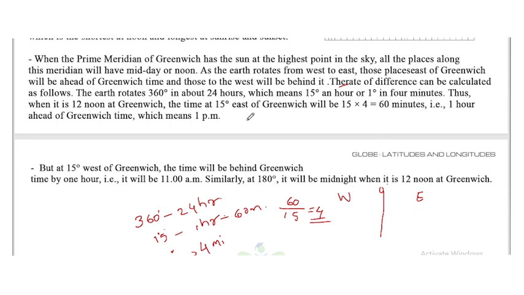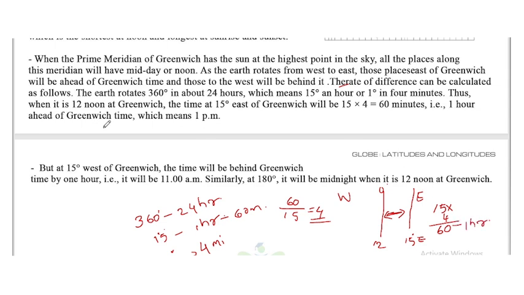Now when it is 12 noon at Greenwich, and this is 15 degree east, what is the difference? 15 degree means 4 minutes. So 15 into 4, that is 60 minutes, that is 1 hour.